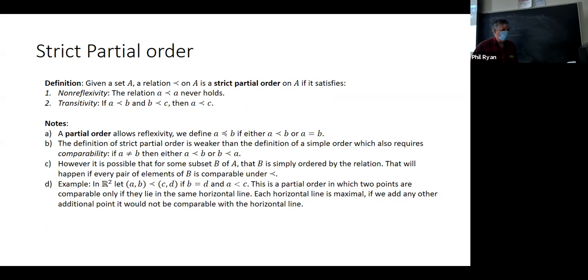So we're going to be looking at sets which have a partial order on them, and we're going to be looking at maximal simply ordered subsets. Another word people use for a simply ordered subset is a chain. So it's a chain because you put it all into that order.